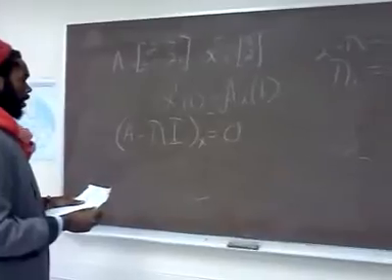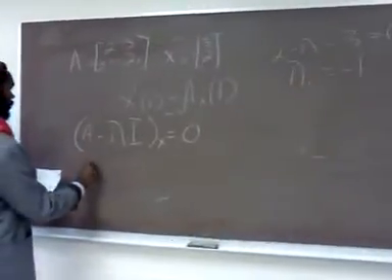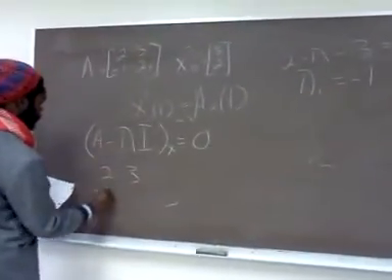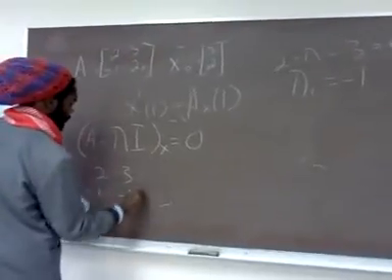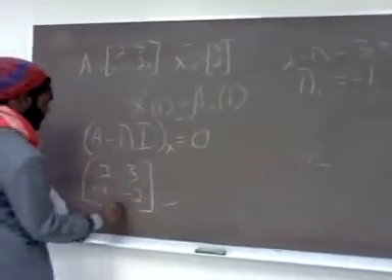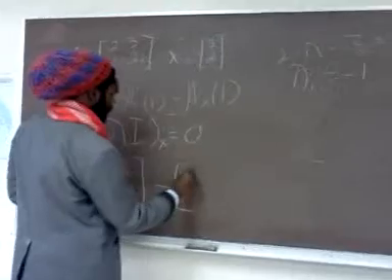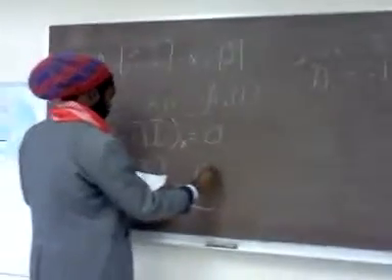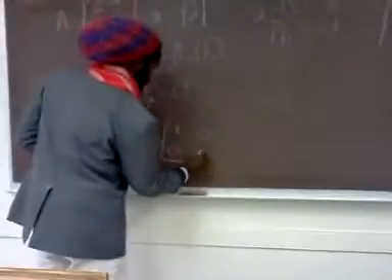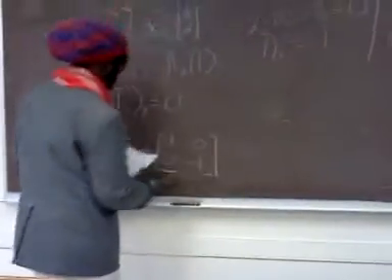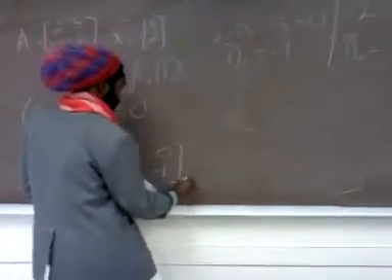So all we need to do is plug in our A, which is 2, 3, negative 1, negative 2, minus our first lambda value, which is negative 1, 0, 0, negative 1.